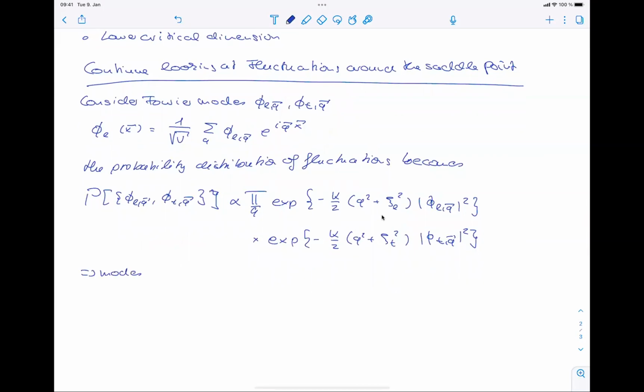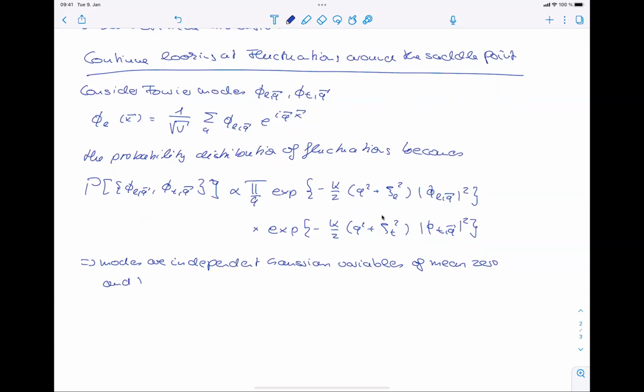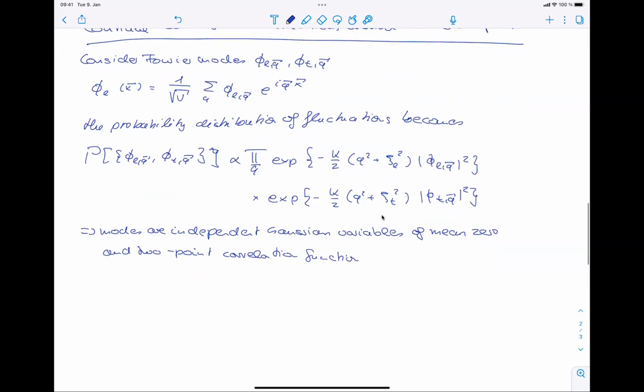The modes are independent Gaussian with mean 0, and the two-point correlation, phi alpha q phi beta q prime, just to write it in general terms, because alpha and beta could be different directions of the longitudinal and transversal modes.